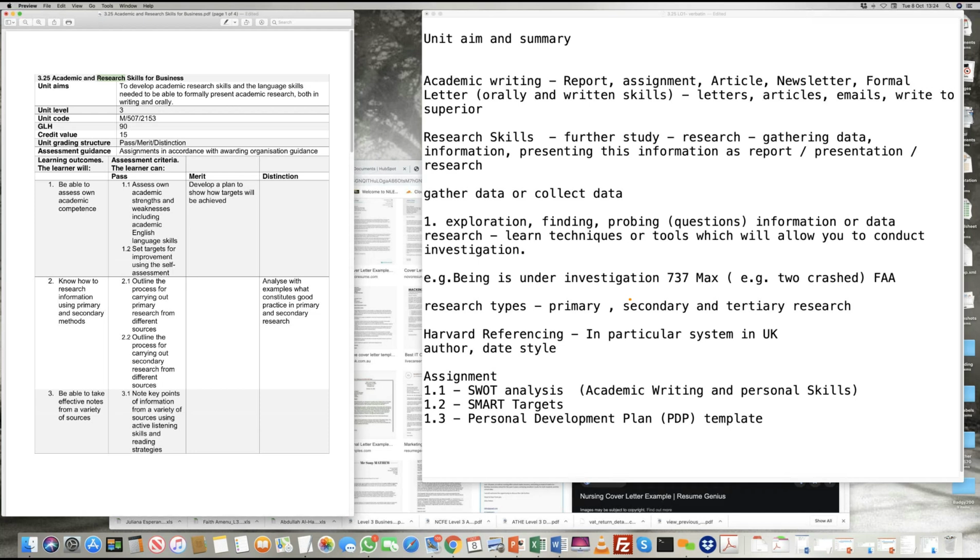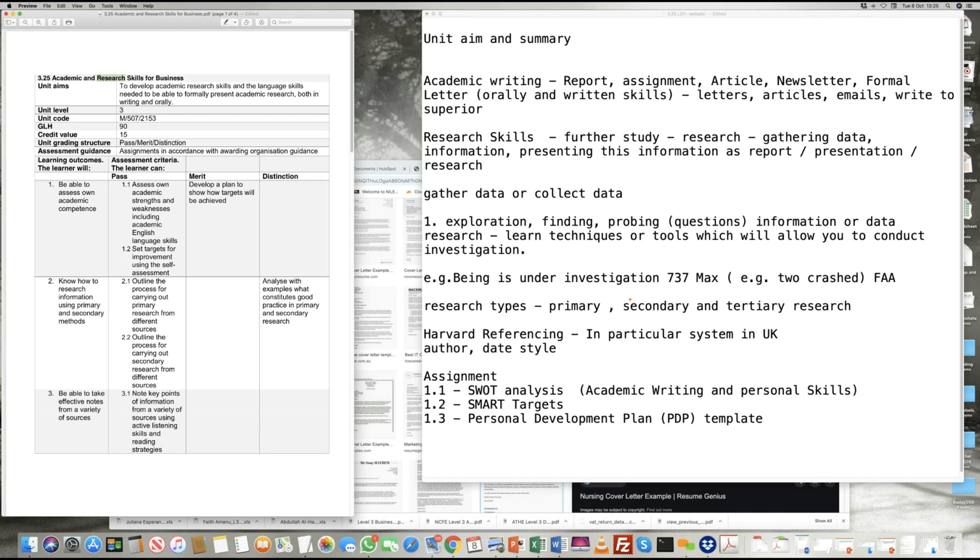It could be an article, a summary report, an email that you send across, or something that you tabulate or create a PowerPoint presentation with. And this is what we looked at in the first learning outcome.